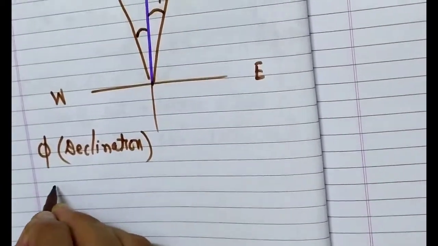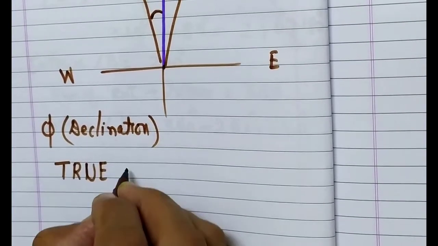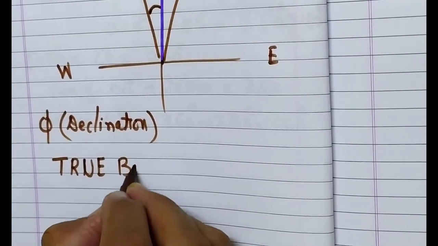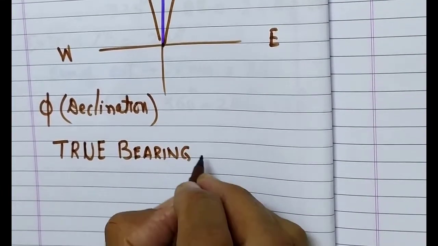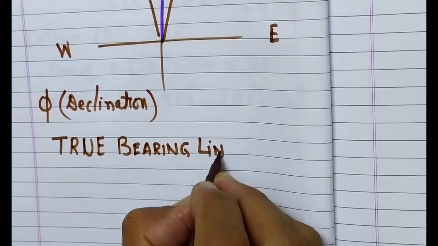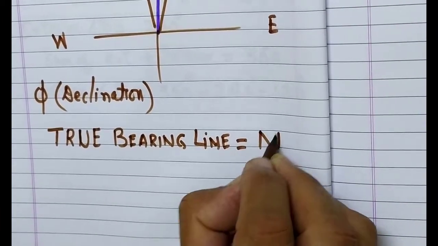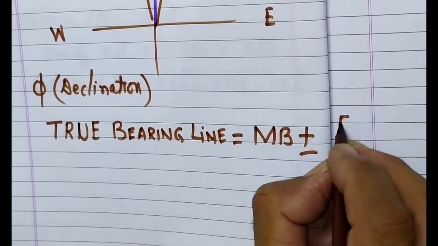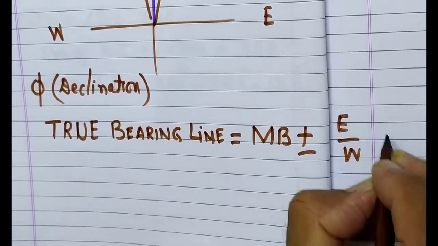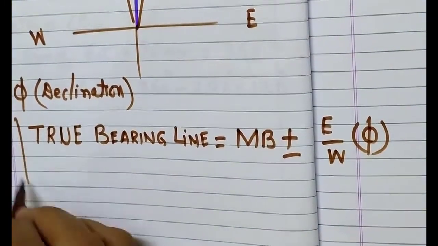We can say the true bearing of a line is equal to the magnetic bearing plus or minus east or west, phi. This is the formula. You should remember this formula.